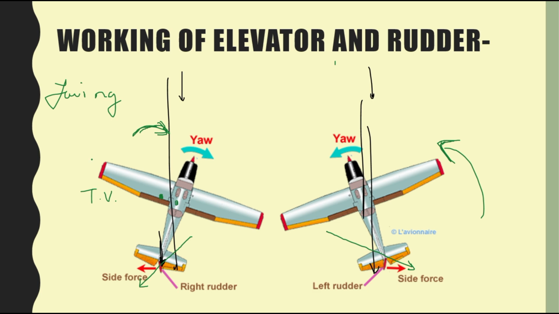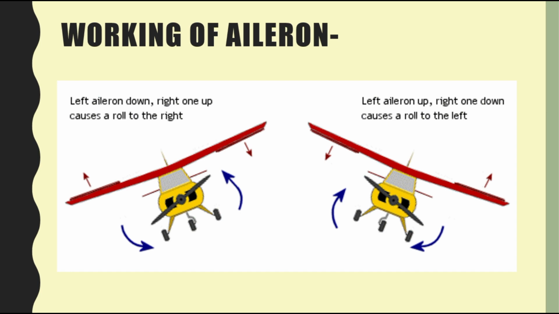Now let's move to the last part where we'll see how ailerons are going to affect the motion. It's a very interesting phenomenon to see how we can roll the plane with the help of ailerons. Now there are two ailerons on each wing.